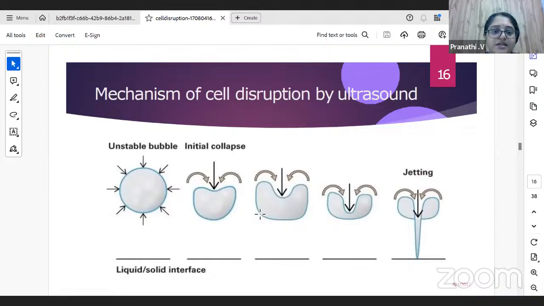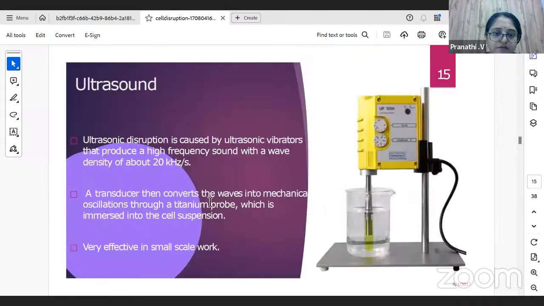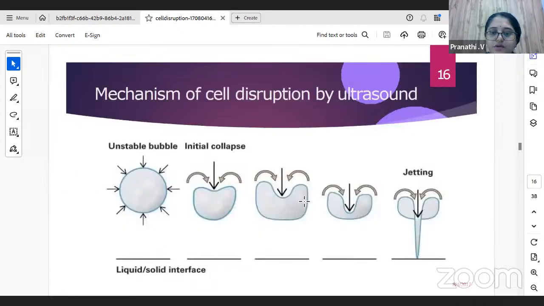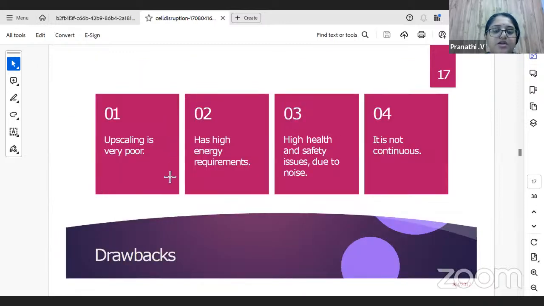So what is going to happen is, this is the bubble that is there, with initial collapse because of the sonicator and the high frequency sound wave that is being produced. So jetting takes place, release of the particles. So you use it only for very small samples, and it has high energy requirements.